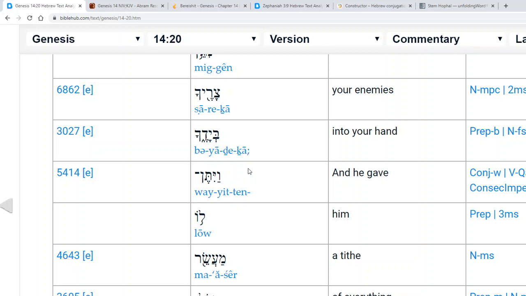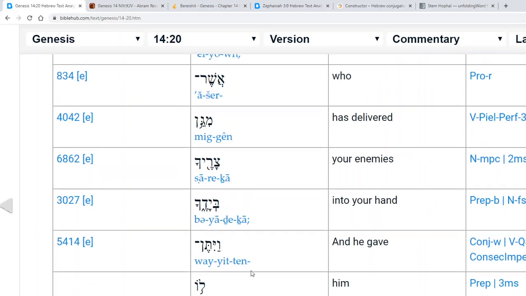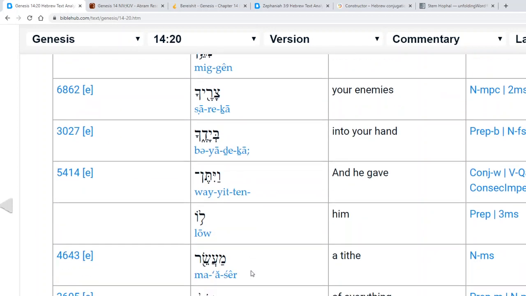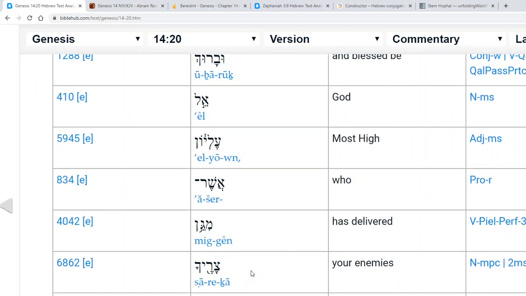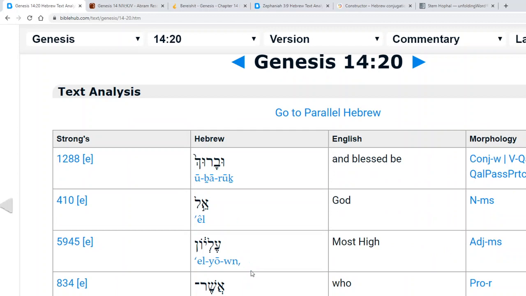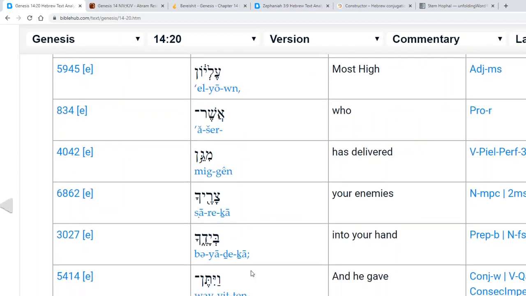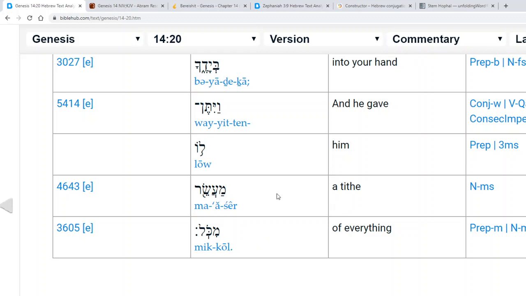And he gave him maaser mikol. That's the prepositional mem. Kol means everything. It almost seems like Melchizedek gave a tithe to Abraham, but I know that's not how it's usually translated.